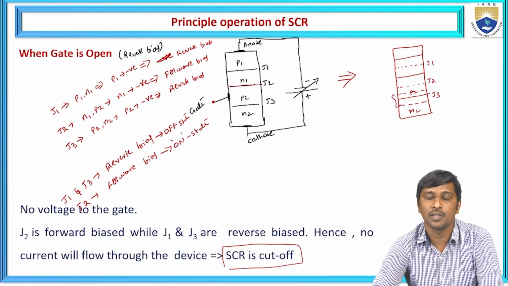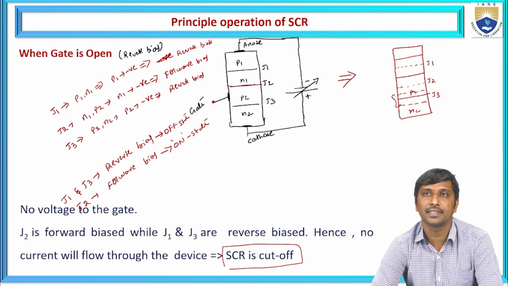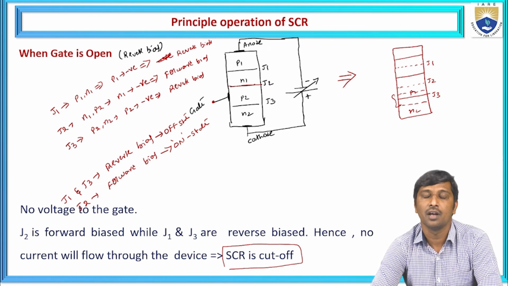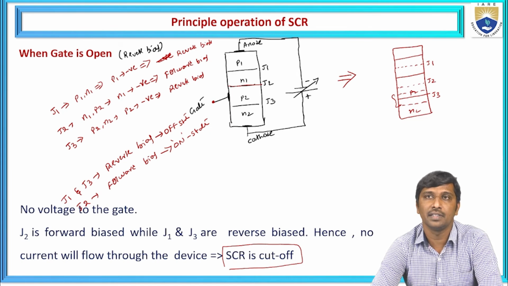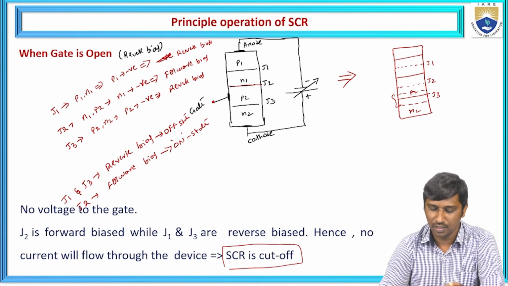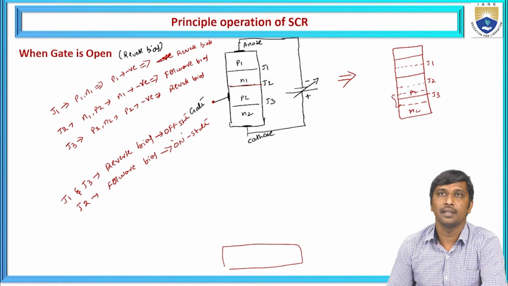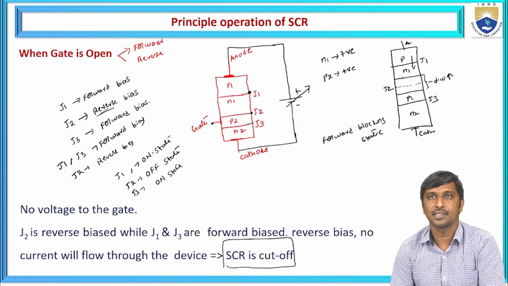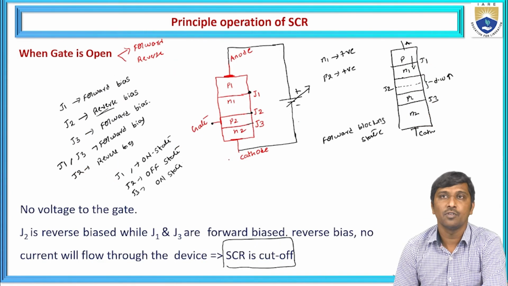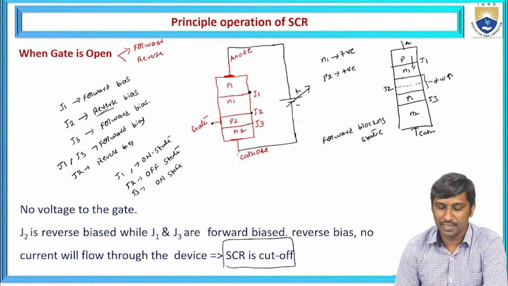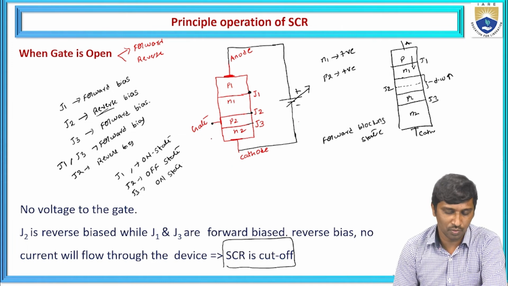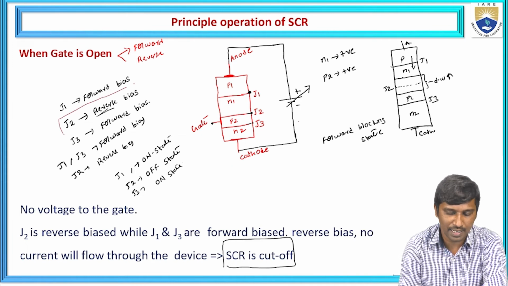If you want to allow conduction across the SCR, or allow the current from the anode to cathode, we need to apply a biasing voltage between the gate and the cathode. When the gate is open and a forward bias voltage is applied between the anode and the cathode, only J2 is reverse biased.